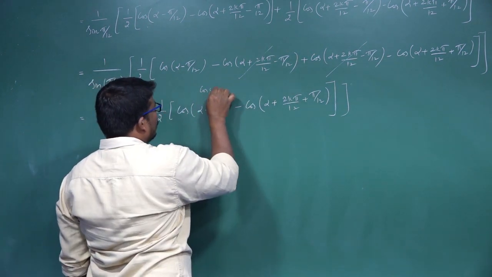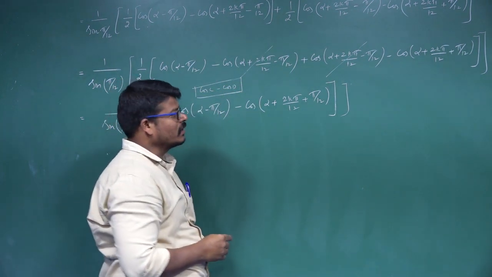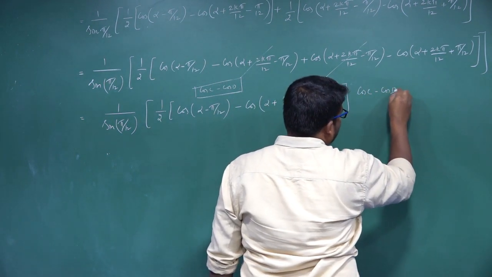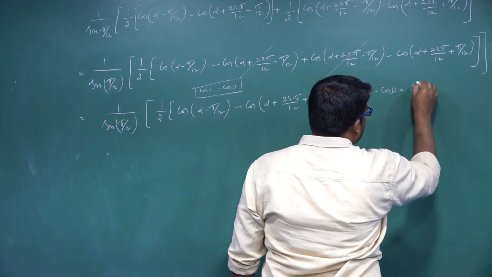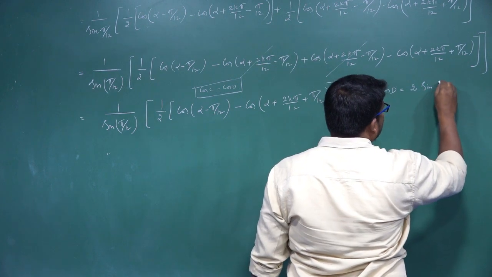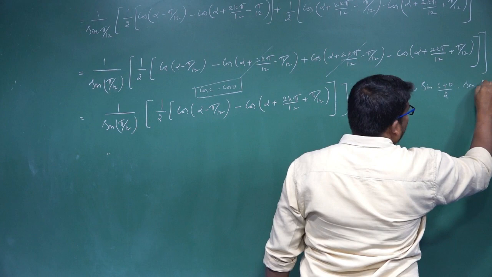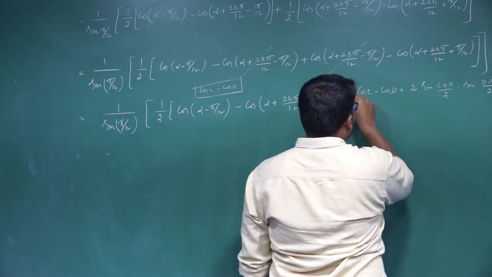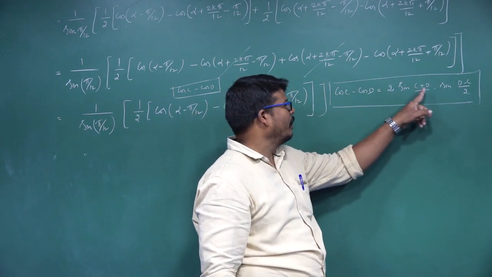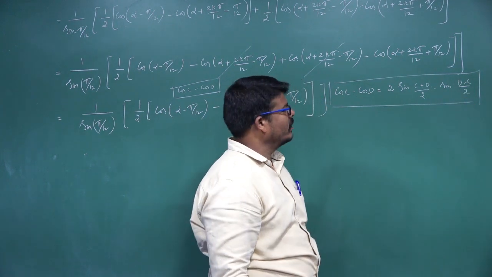By using the trigonometry formula, cos c minus cos d equals 2 times sin of c plus d by 2 into sin of d minus c by 2. This is the cos c minus cos d formula.